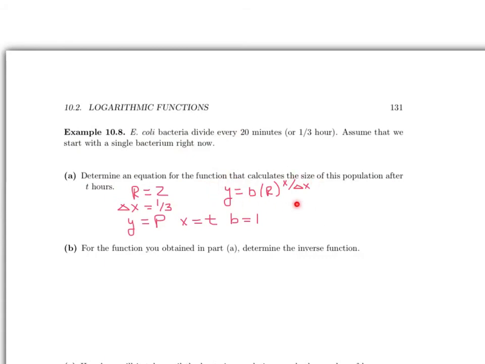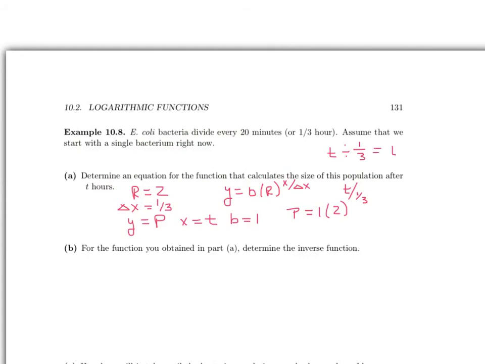So if we fill in all of the information into our template equation, we arrive at an equation given by p equals 1 times 2 raised to the t divided by 1/3. Now, this exponent here is rather complicated. Let's simplify that. The exponent is t divided by 1/3.